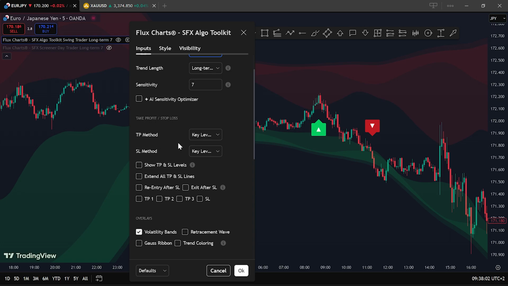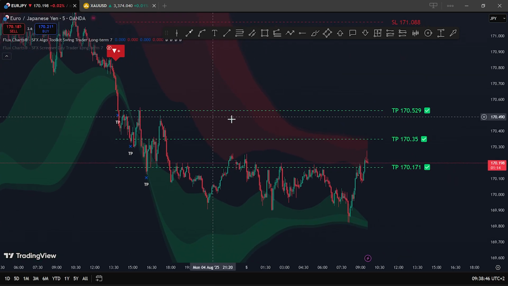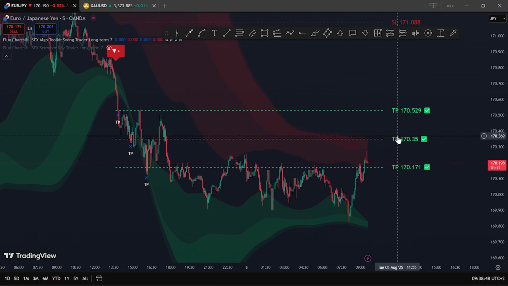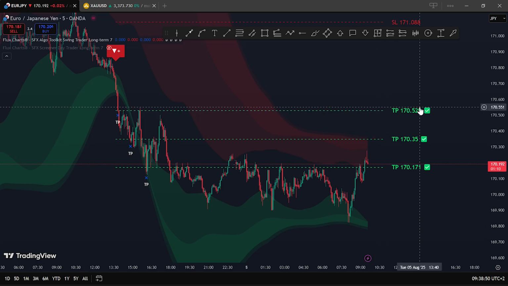You can clearly see that right now we have the settings for the take profit levels. You can use the volatility band to create the TP level or the key level. Even on the stop loss, they appear in real time. If we activate all of this, you will see that all the take profit levels will appear on the chart. You can now see that we have the take profit 1, the take profit 2, and the take profit 3.